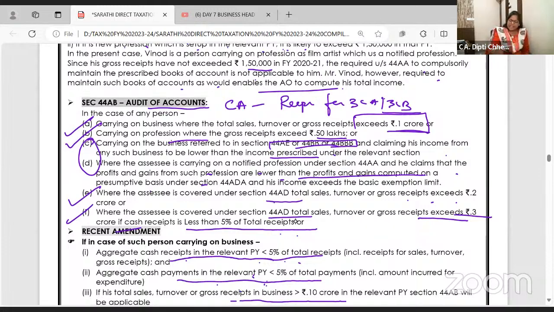If your turnover exceeds 1 crore only, get your books audited. If you are a professional and your turnover exceeds 50 lakhs, then only get books audited. But if you're filing your return under 44AD, then up to 2 crore turnover, no problem. In some cases 3 crore, no problem. And in some cases 10 crore, no problem.